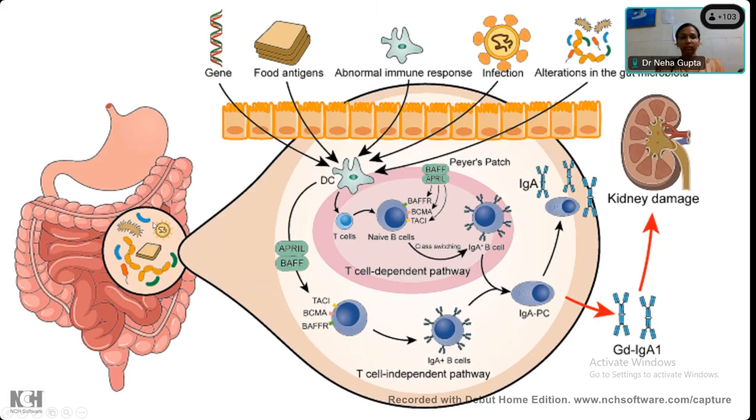And this again could be due to an abnormal gut flora. These are the things people are looking at, why this is going on. There is a lot of scope for further research because this is an extremely common disease. So these aspects you have to really look at in this particular case.